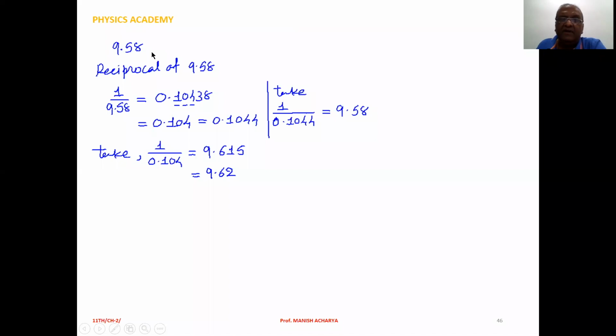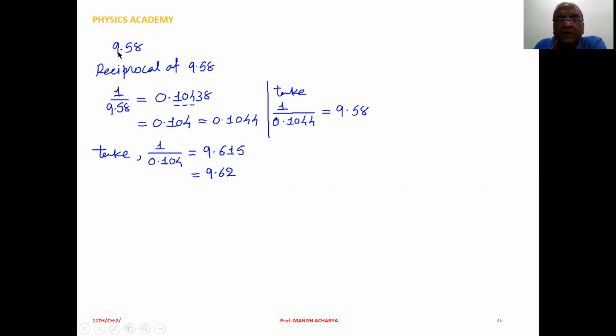Now, in the reciprocal, the rule is slightly changed. Why and how? Let's discuss this. Suppose we have the figure 9.58, and we take its reciprocal, that is 1 upon 9.58. Your result is 0.10438.